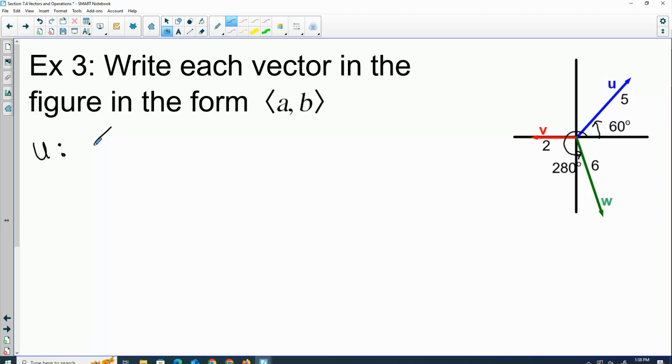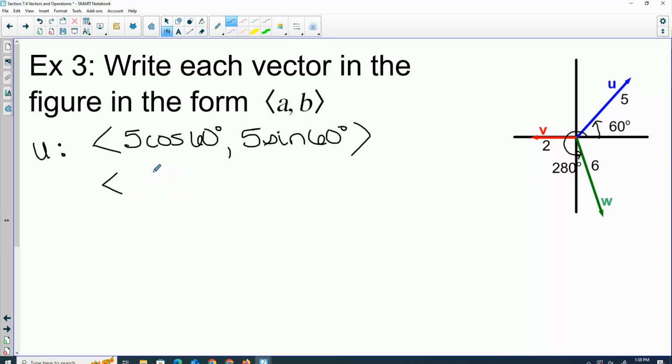If you're trying to write the vector, you just need your horizontal and vertical components, so it's your length times the cosine of the angle. What angle is u? 60 degrees. So we have to do 5 times cosine of 60 and 5 times the sine of 60.